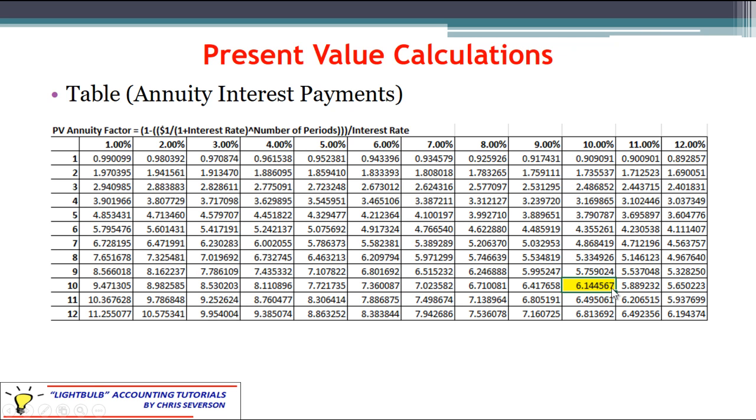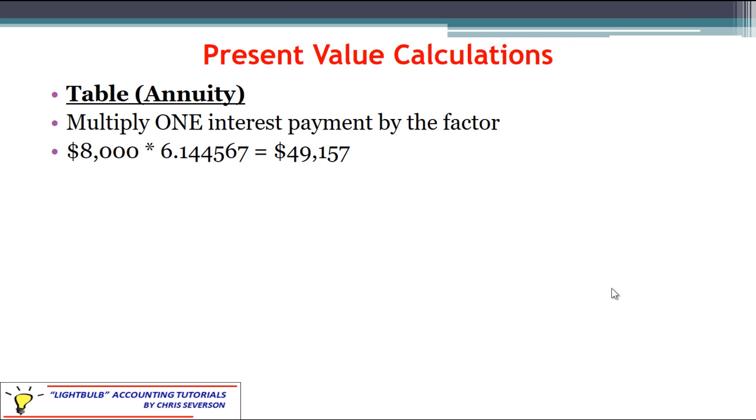What that tells us, remember, this is a total of 10 payments. So our factor should be less than 10 because we're going to multiply this by one of the payments. So it should certainly be less than 10. We multiply one interest payment by that 6.144567 factor, and we get $49,157.